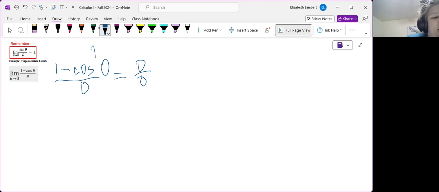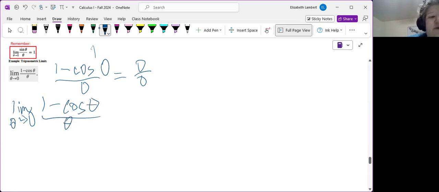Now this one, especially since it's trig, it may have been a while, but we are actually going to use one of the previous techniques, the one we did with radicals. We are going to multiply by the conjugate. But there's no square root, but we do have two terms being subtracted.